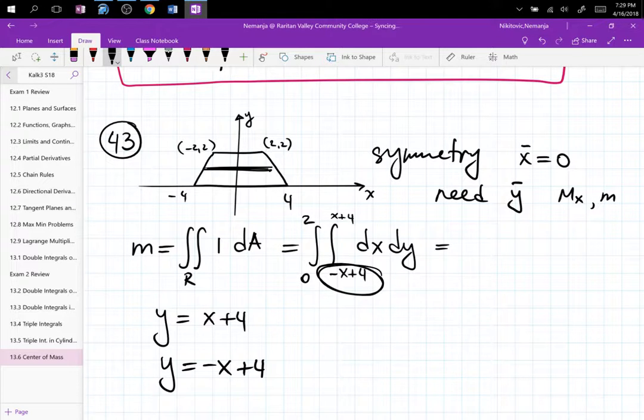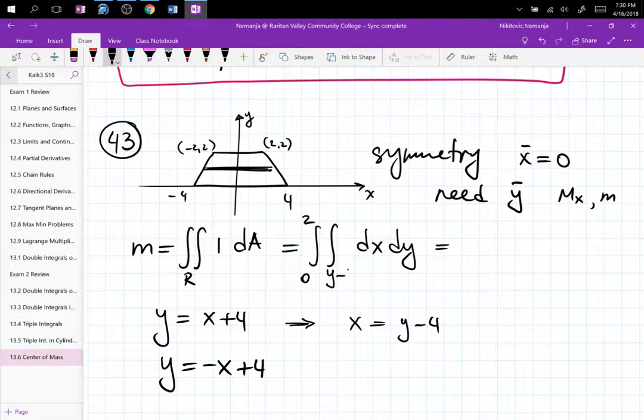We need it to be x equals, so this is x equals y minus 4, and that is the one that goes on the bottom. And over here, x equals 4 minus y, and that goes on top. Thank you.